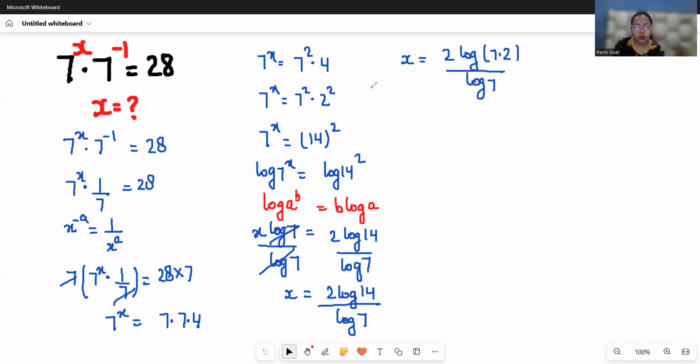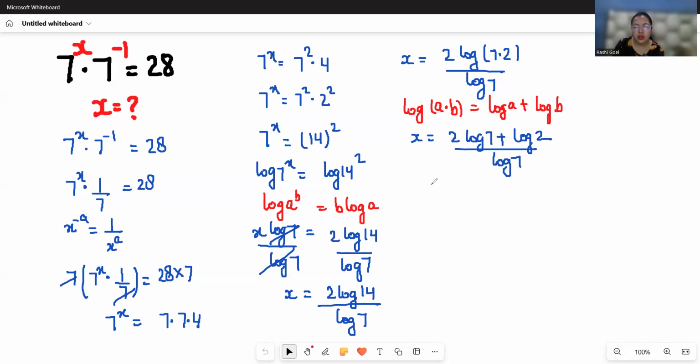Now as per the log rule, log a times b, we can write it as log a plus log b. So x equals 2 times (log 7 plus log 2) by log 7.